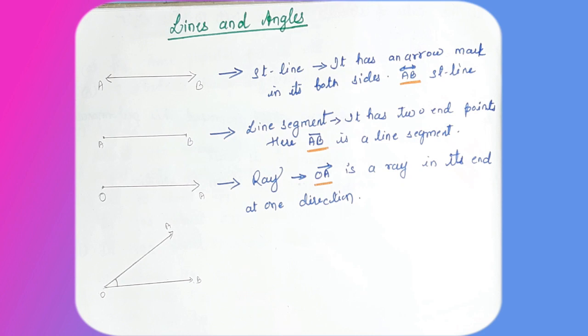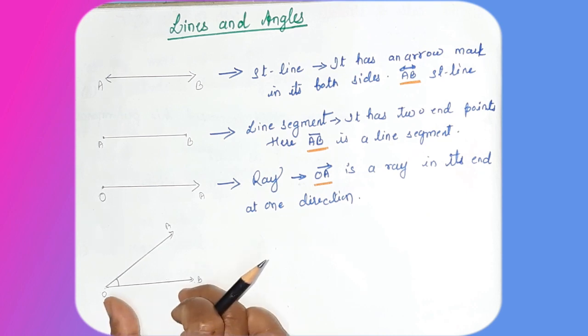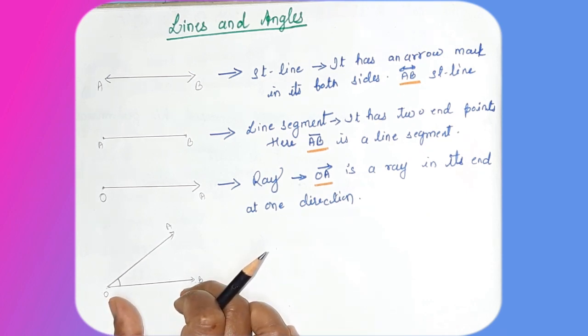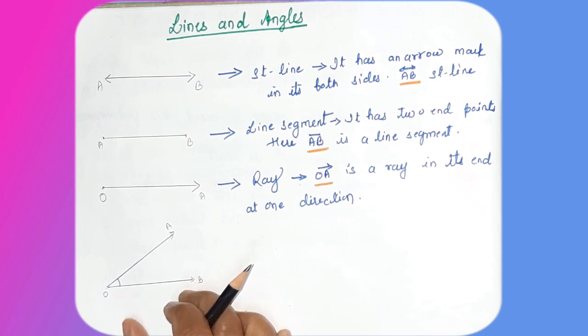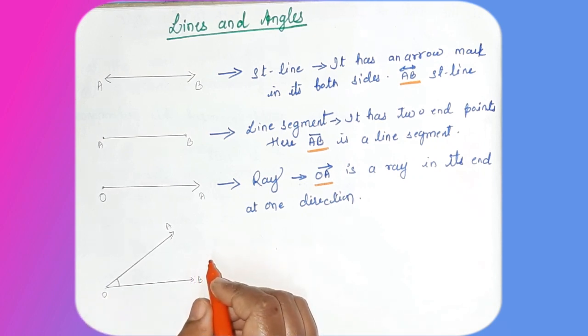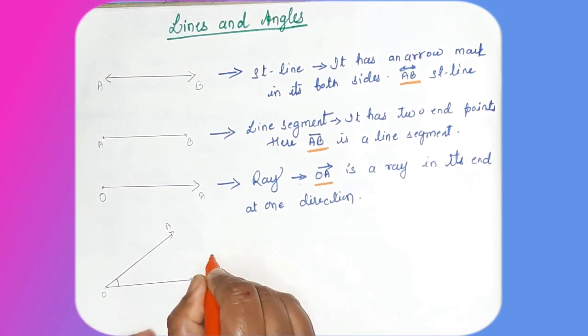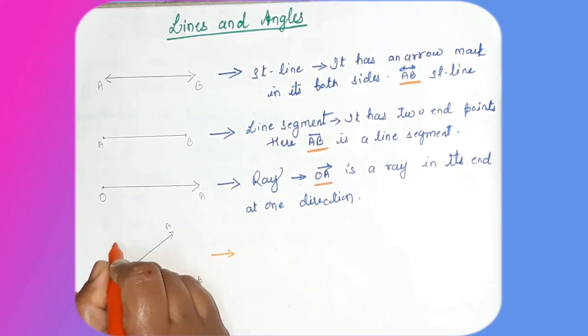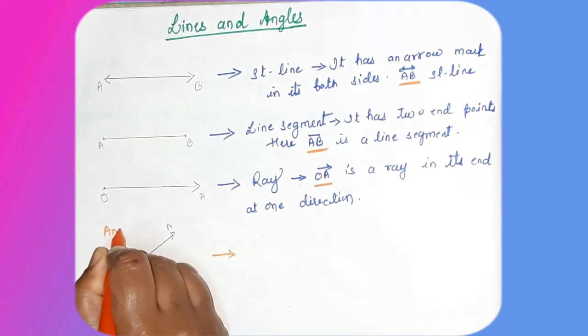An angle is formed when lines or line segments meet. That is called an angle. So, an angle is formed here. This is angle.